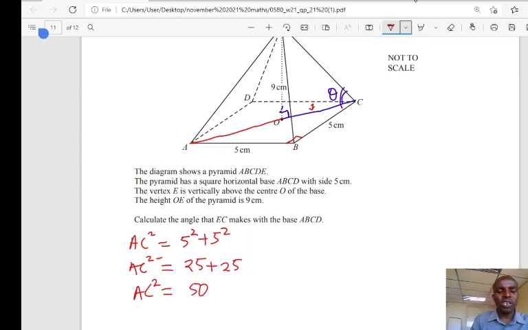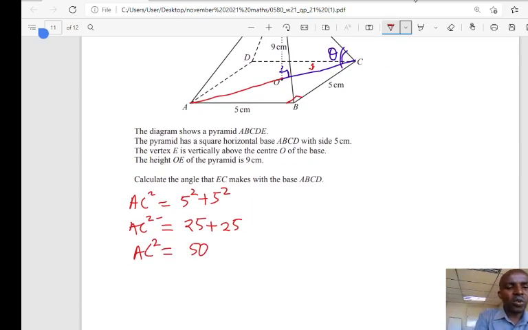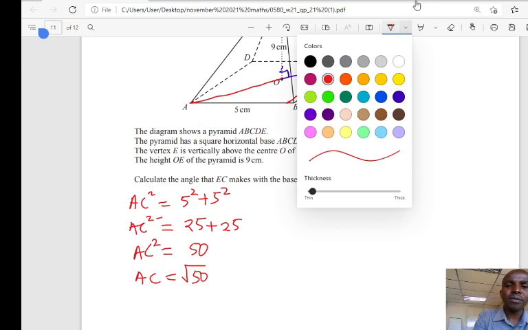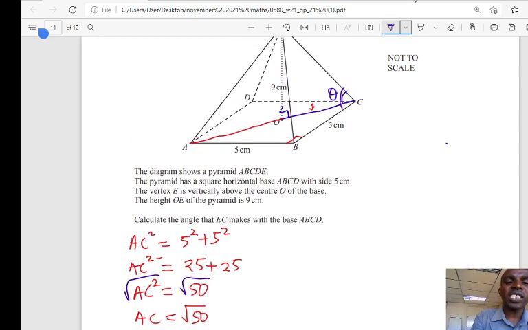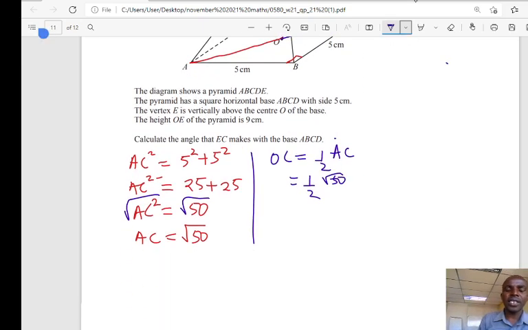To remove the square, you take the square root of both sides, so AC is equal to root 50. Now you want half of AC, which is OC. OC is equal to half of AC, which is half of root 50, so it will be root 50 over 2.